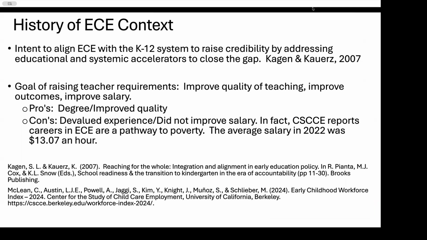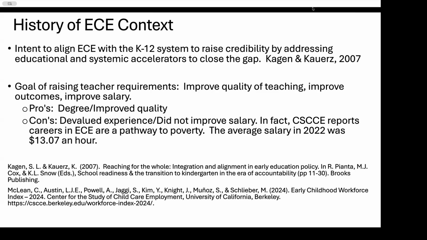For context, ECE history had made a concerted effort to align early childhood with the K-12 system. And part of that was by design to increase credibility, to perceive early childhood as readiness programs for the elementary, the K-12 system.